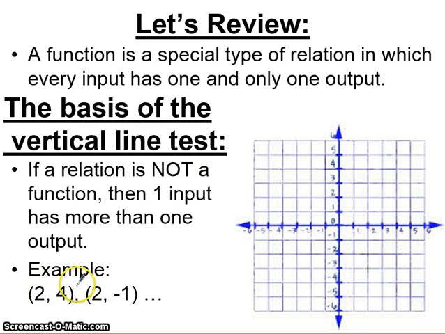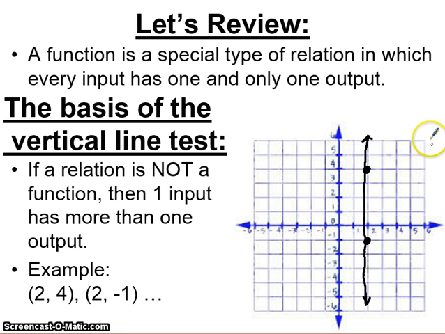If we took these two ordered pairs and graphed them, first 2, 4, and then 2, -1, do you see how they lie on the same vertical line? If I drew a perfectly straight line vertically through one of them, it would connect to the other.